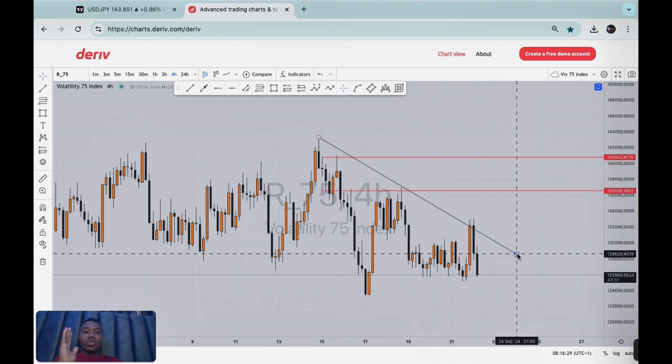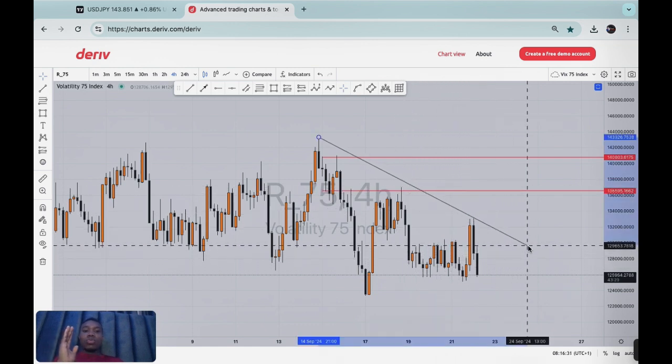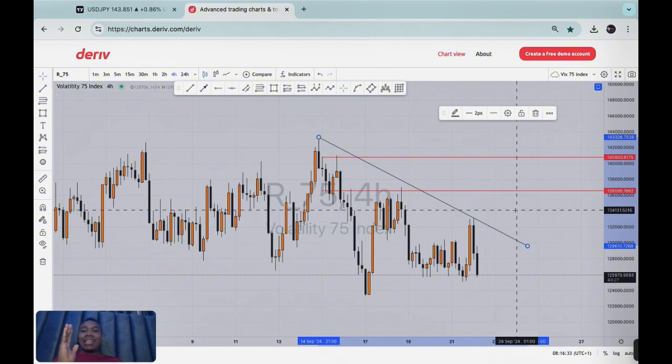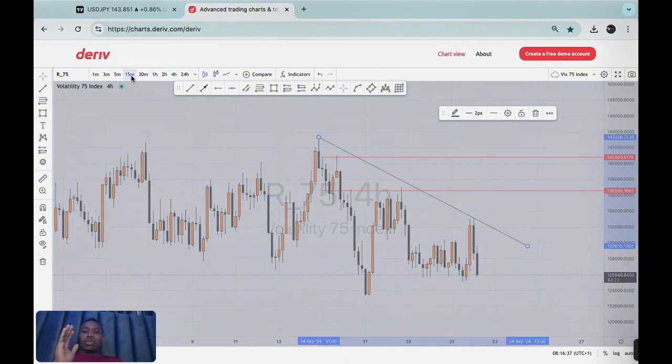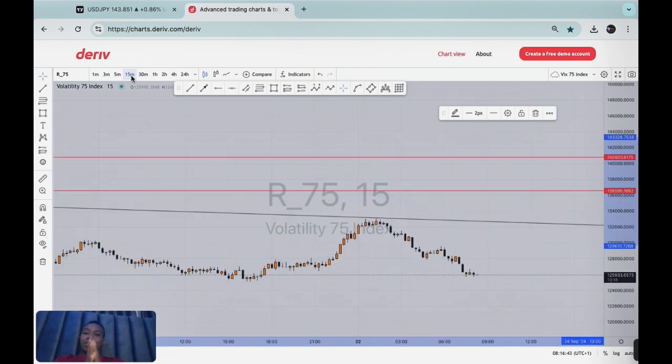Now the next thing we do is mark out key levels, our psychological levels. This time around I'm going to the 15 minutes time frame because I'm a day trader. I'm not going as far as a 1 month time frame or so. I'm starting from the 4 hours time frame down.